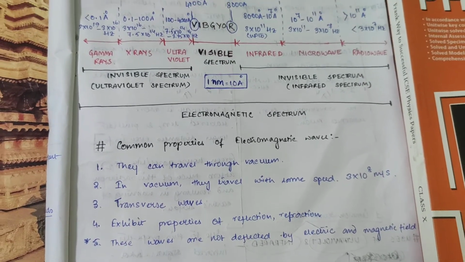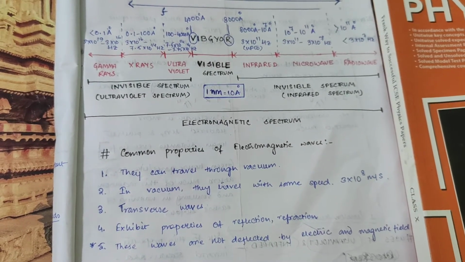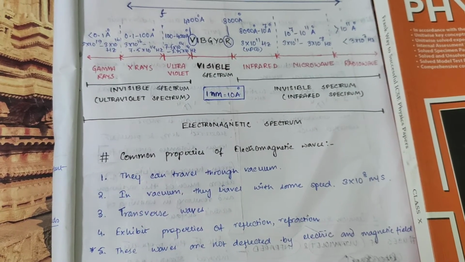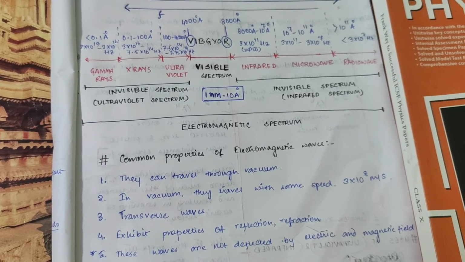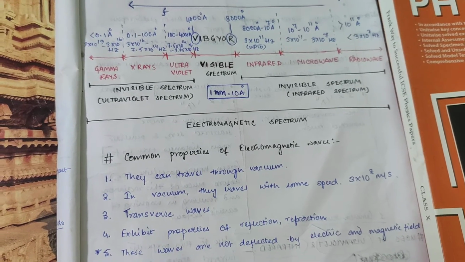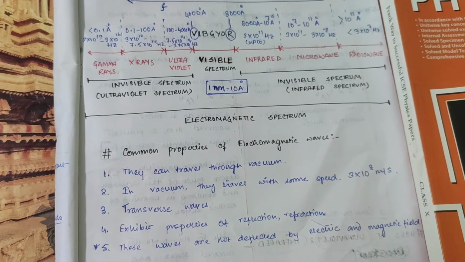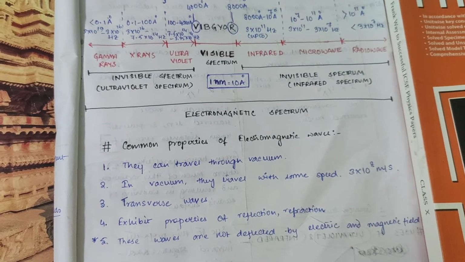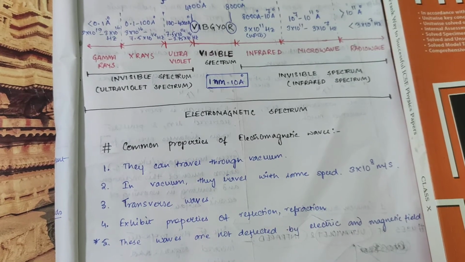What are transverse waves? The waves that are produced in a medium when particles of the medium vibrate perpendicular to the direction of propagation of the wave. Sound waves are longitudinal, but electromagnetic waves are transverse waves. And these waves are not deflected by electric and magnetic fields.